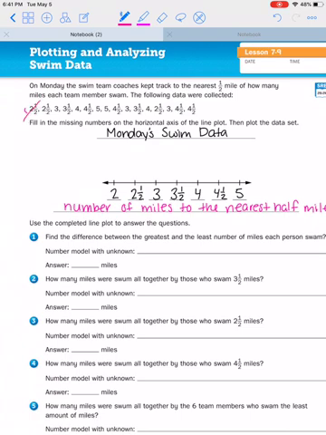So here's 2 1/2, so I'm going to cross it off and put an X. Another 2 1/2, 3 1/2, 4 1/2, 5, and here's another 5, 4 1/2, 3 1/2, 4, 2 1/2, 3, 4 1/2, and then 4 1/2. Okay, so now I plotted all of my information onto my line plot.